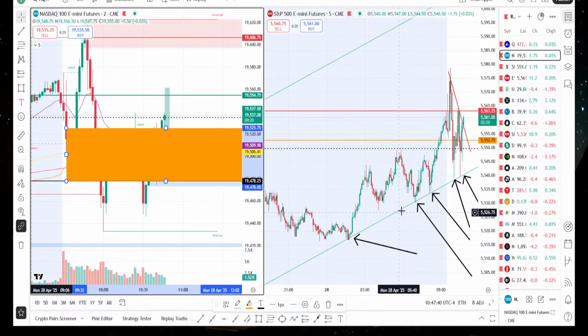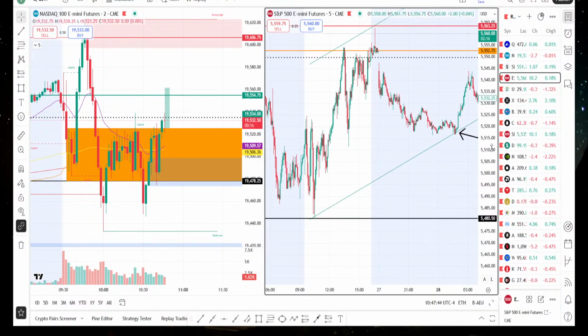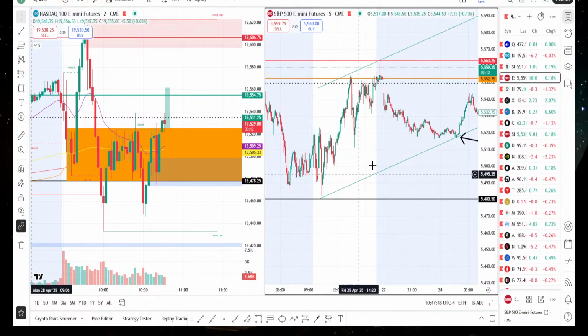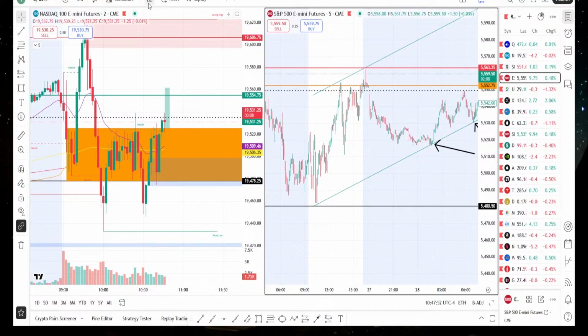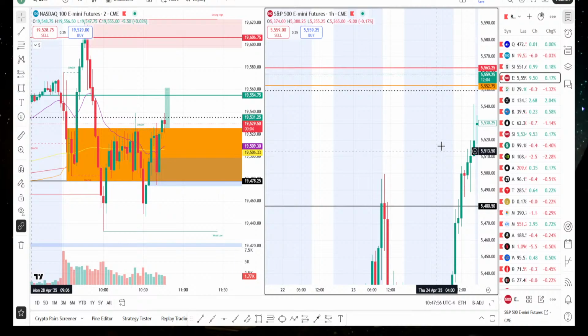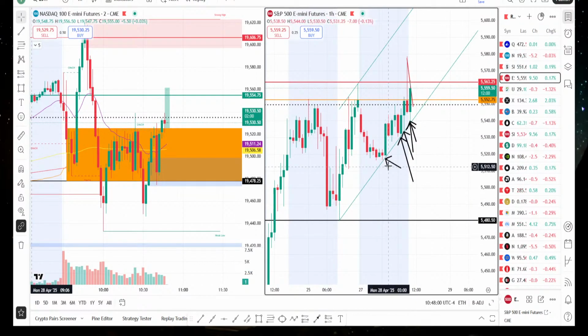Yep. So this is all you have to do when you're trading by yourself. Try to quickly analyze the market on a higher time frame. Just keep it simple. Support, resistance, hourly, support, resistance.